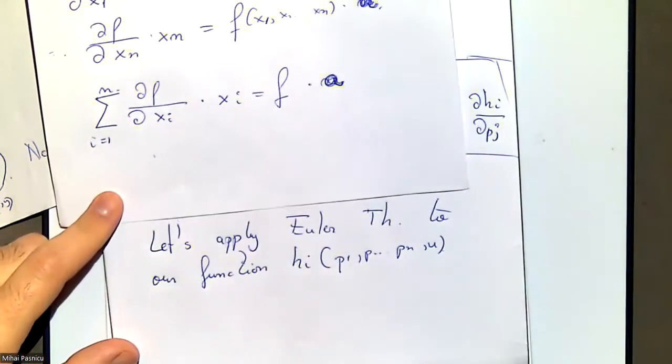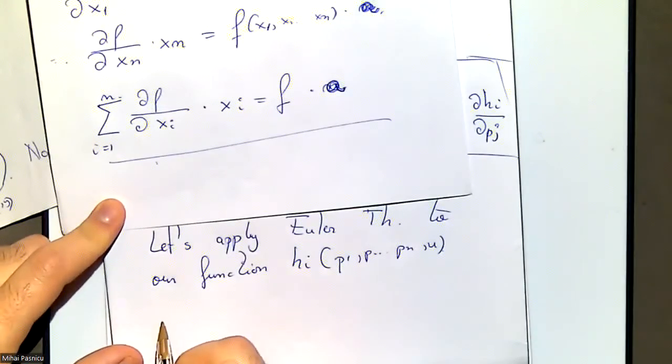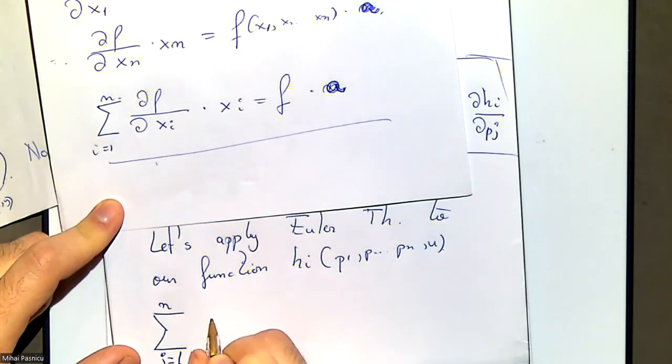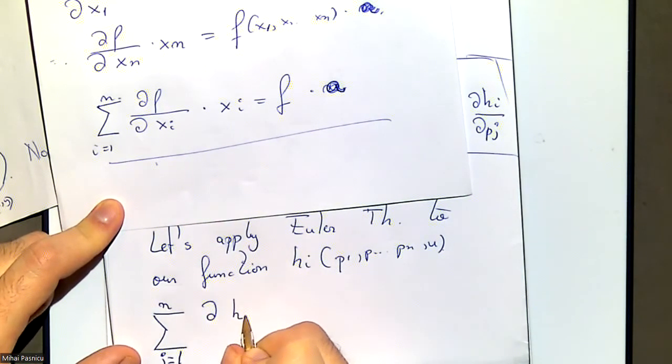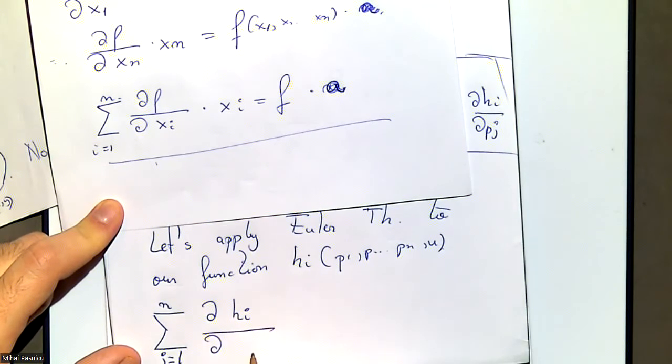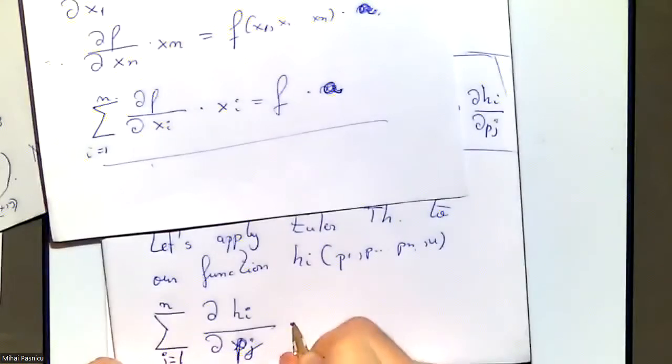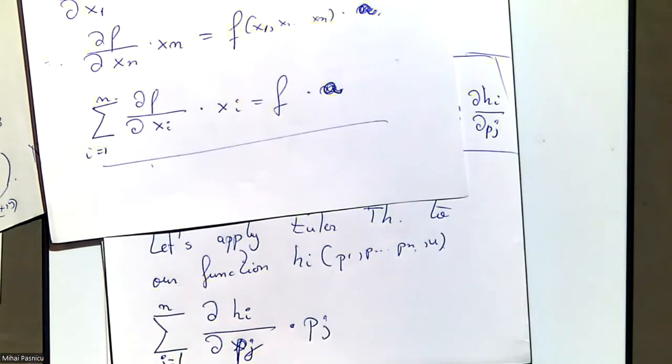Just copying and applying the formula, I have the sum, again using j from 1 to n, of the derivative of h_i with respect to xj, which in my case is pj, times pj.